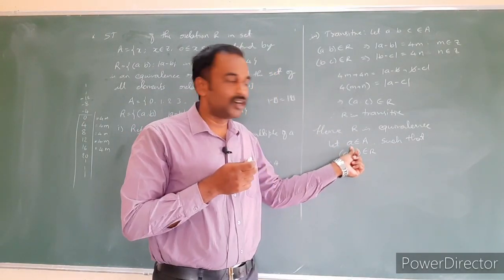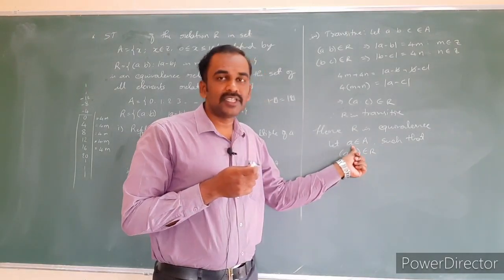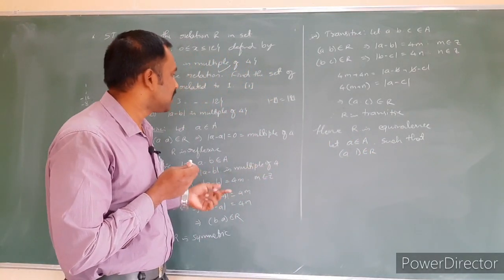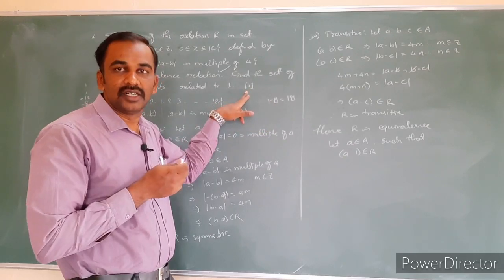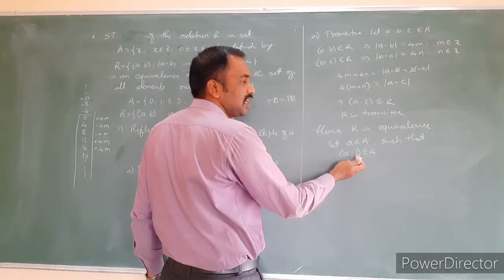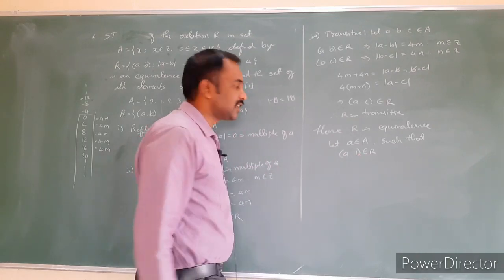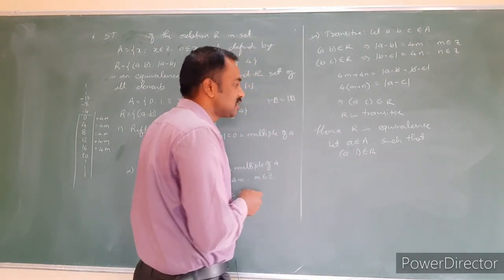How is this element related to 1? I need to find the elements which are related to 1, so whatever elements are related to 1, we will get it. So I have chosen (a, 1).